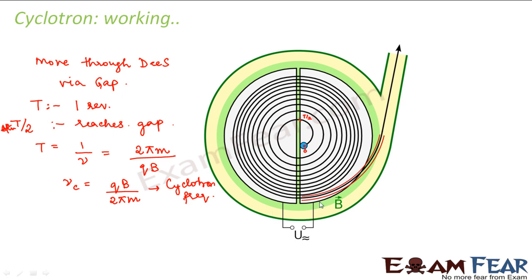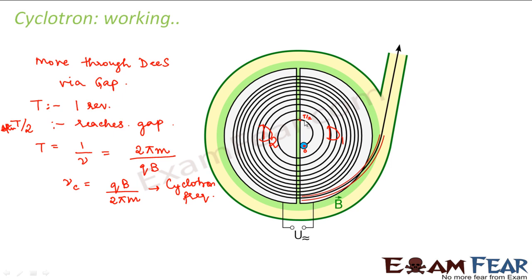For example, suppose initially when the voltage was applied, this was at a lower potential and this was at a higher potential. As soon as the particle reaches this point, the voltage gets reversed. Let us call this disk D1 and this disk D2.